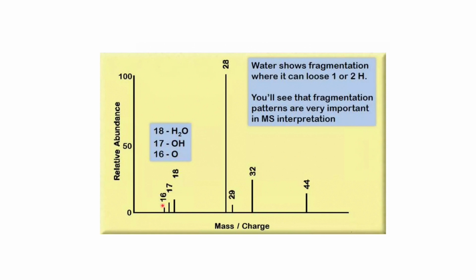So you'll see that the fragmentation patterns are very important for mass spectroscopy. 18 would indicate water, H2O, because 16 plus 1 plus 1 gives a mass of 18. When you see 17, it could be OH, a hydroxyl group, where one hydrogen atom is lost, and 16 could indicate simply an oxygen atom.